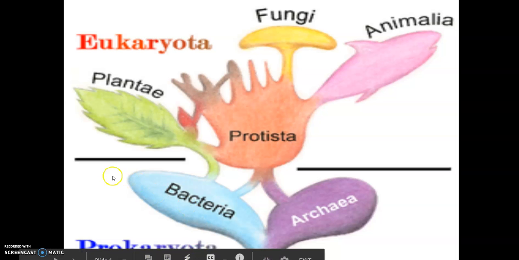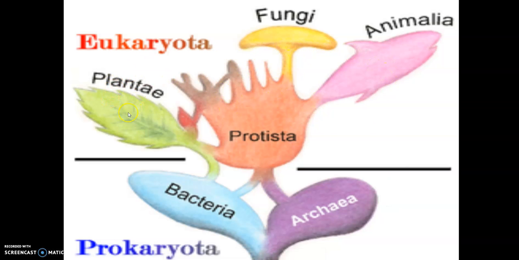And if you look, this little line here is what is making the division. These two kingdoms of life, bacteria and archaea or archaeobacteria, are the prokaryotic kingdoms. And then everything else is eukaryote.